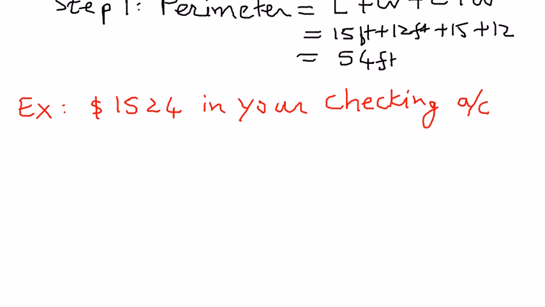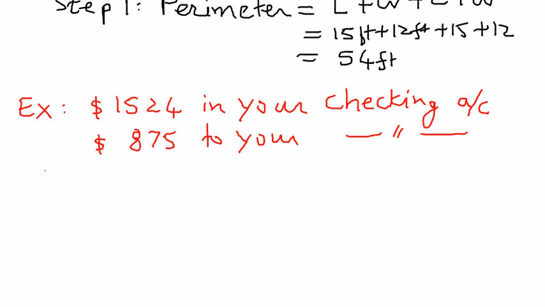Let's say from your part-time job, you're able to get $875, and you're adding this $875 to the amount which is already existing in your checking account, which is $1,524. We want to know what is the amount in your checking account after you made the deposit.